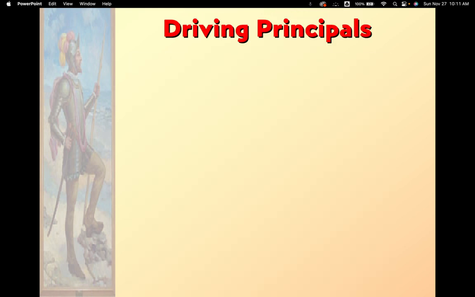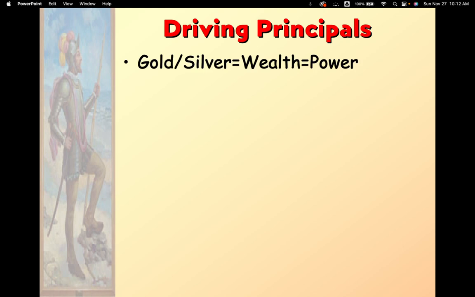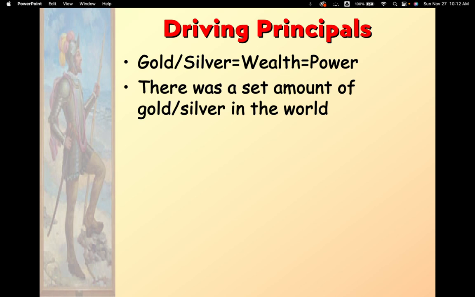So, a nation that believed in mercantilism, and this is specifically a European thing, Mughal India, Ming and Qing China, the other land empires were not mercantile, believed first of all that gold and silver equals wealth and power, that there was a set amount of gold and silver in the world, and your goal was to get as much as possible.